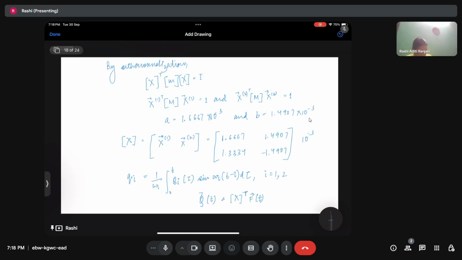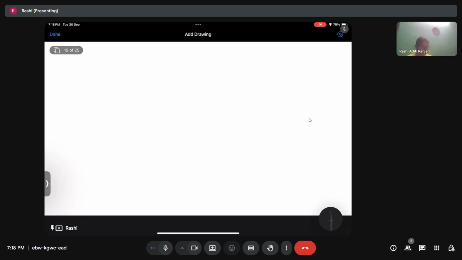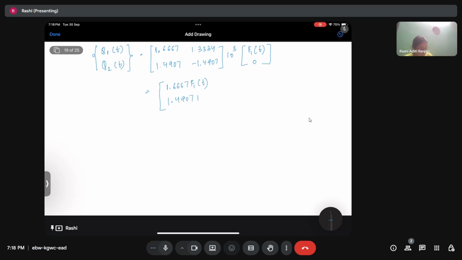So we can further write this as Q1 of t and Q2 of t as [1.6667, 1.3334; 1.4907, minus 1.4907] times 10 to the power minus 3 into [f1 of t; 0]. This will be further written as 1.6667 f1 of t, 1.4907 f1 of t, into 10 to the power minus 3.